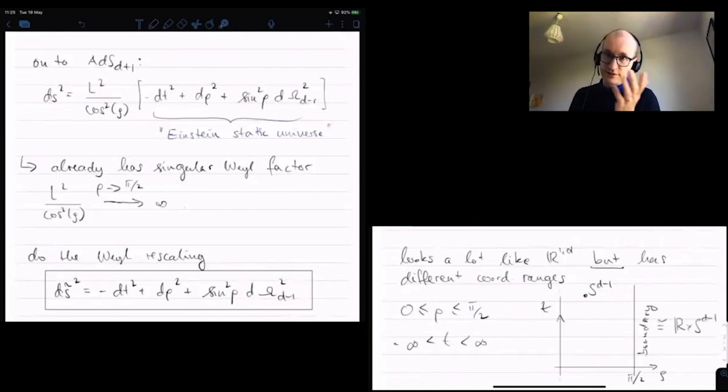And the metric is easy to read off. We just set the sine squared to be equal to 1. The boundary is at fixed rho, so there is no d rho term. So it's minus dt squared plus d omega_{d-1} squared.